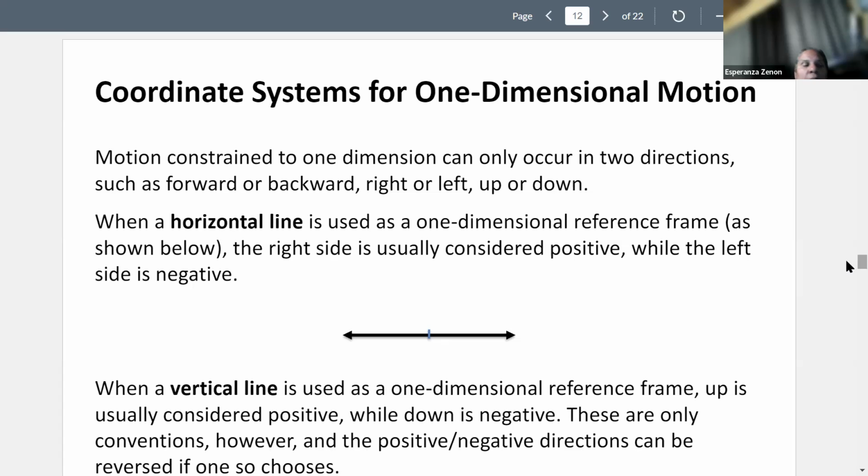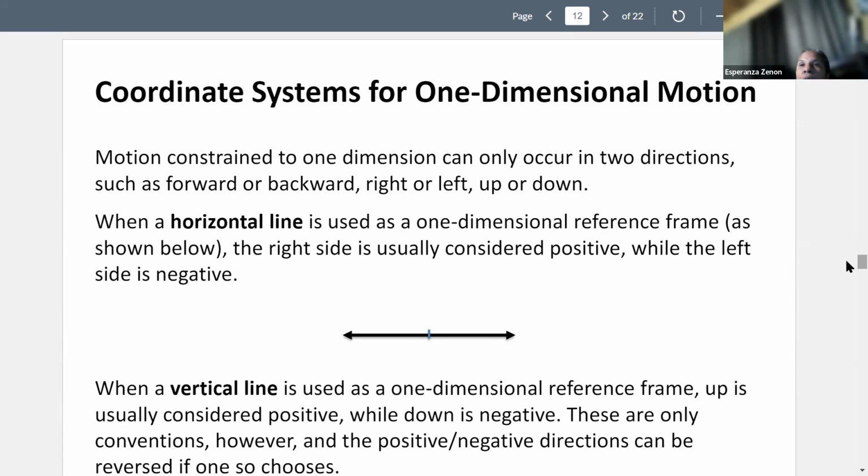Okay, as I said earlier, when I talked about going from 7 to 2 or 2 to 7, I said, imagine that you're using a number line. Well, we borrowed that from the mathematicians because the number line has a clear origin, 0, that we can use as a start point.